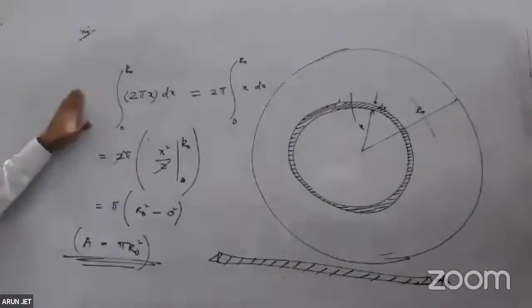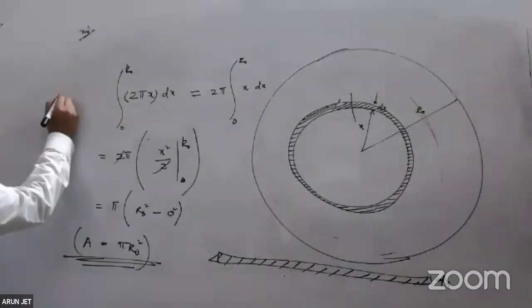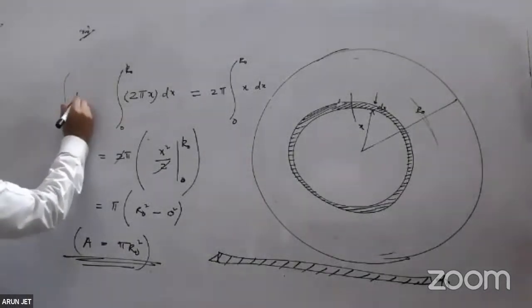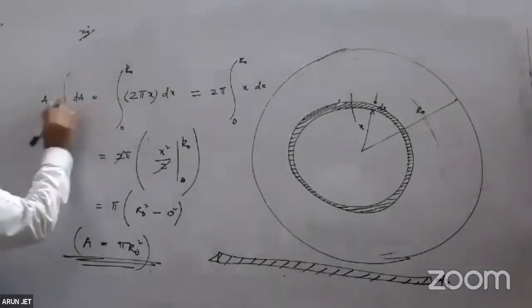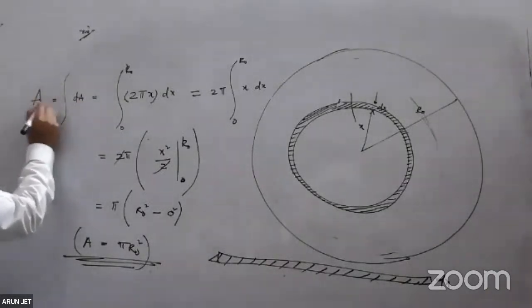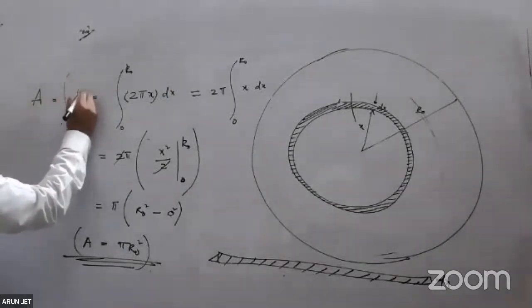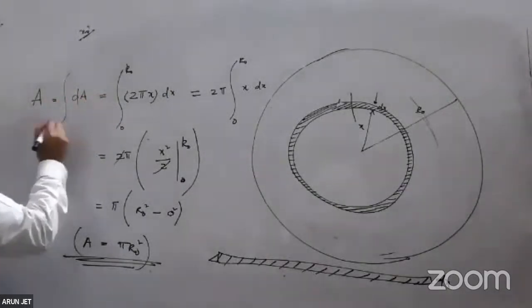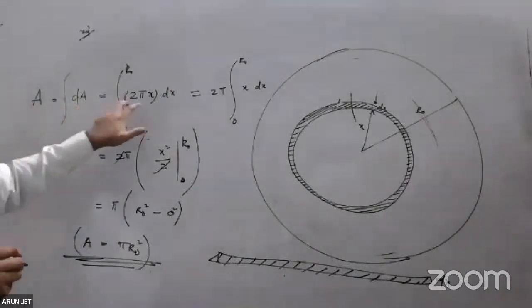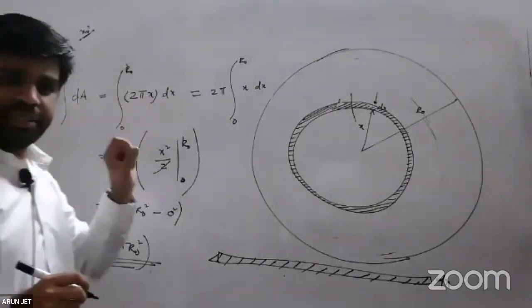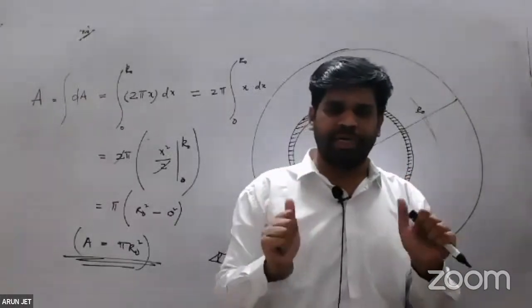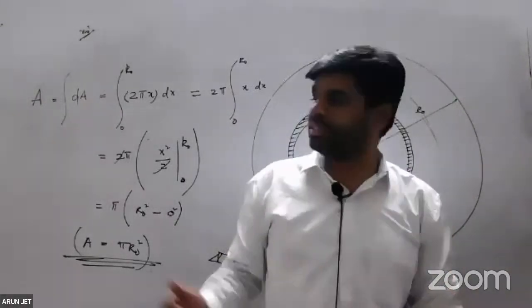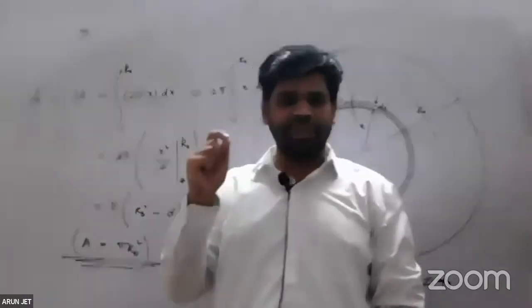So I can write this as integral dA. So I'll get A as integral dA, which is equal to, dA is how much? 2 pi x dx. Why is it dA? We denote an infinitesimal area by the notation dA.